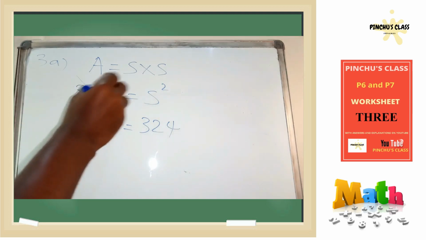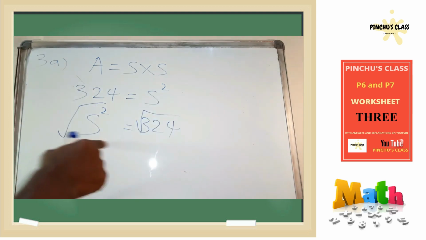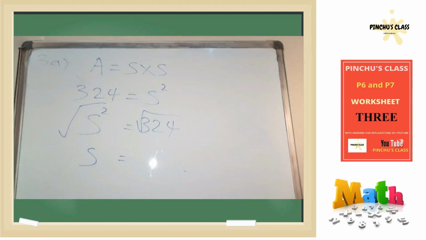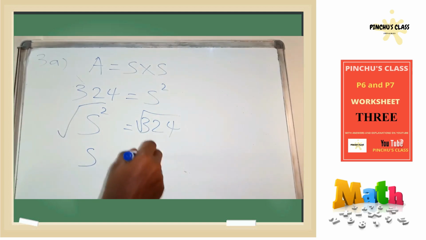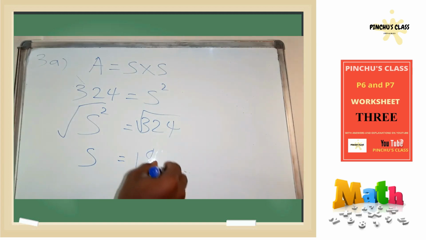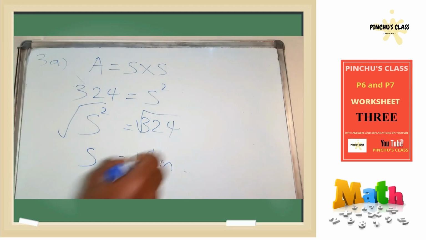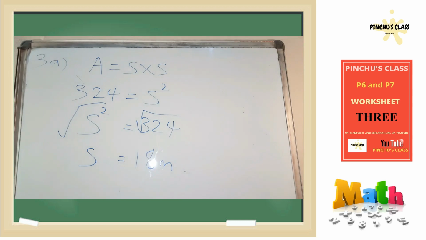So we find the square root of this and the square root of this. So one side is going to be the square root of 324, which is 18. Therefore, one side of a square is 18 meters.